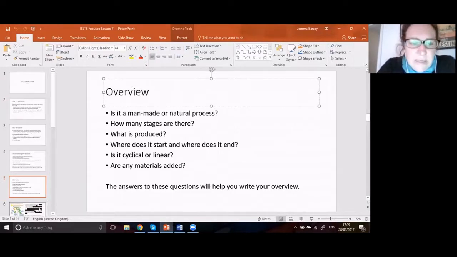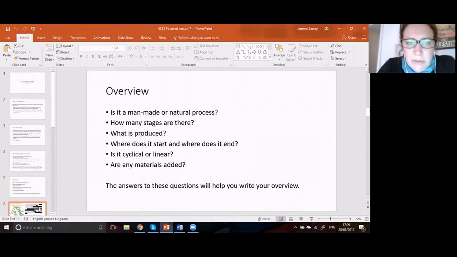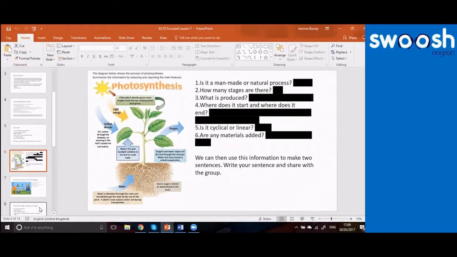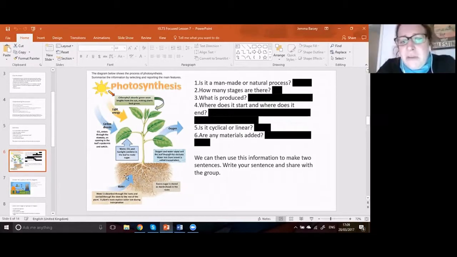Okay, so what I've done is I've got an example of photosynthesis. Here we go. Does anyone know much about photosynthesis? Because I don't. Okay, good. Do you need to? No. All the information that you need to do the task is in the diagram. So don't think, oh my God, I don't know anything about photosynthesis.